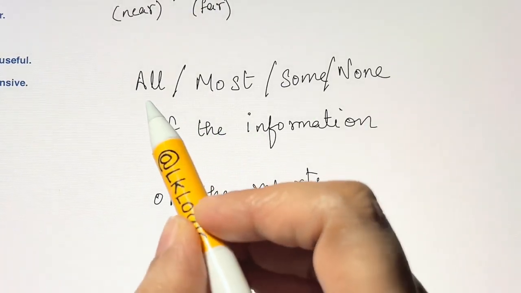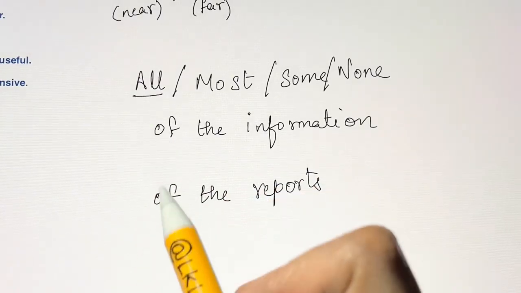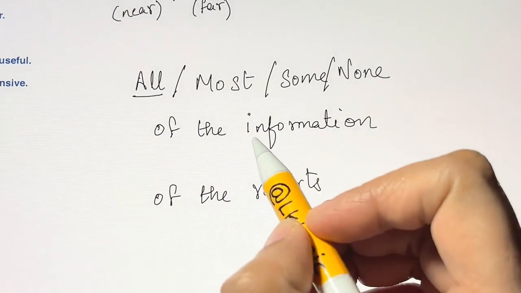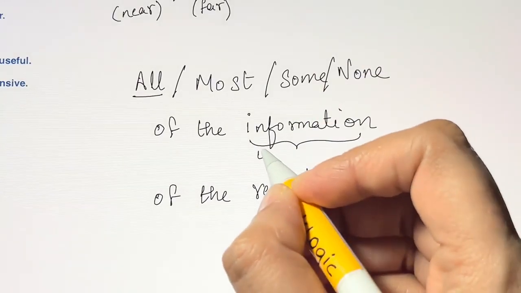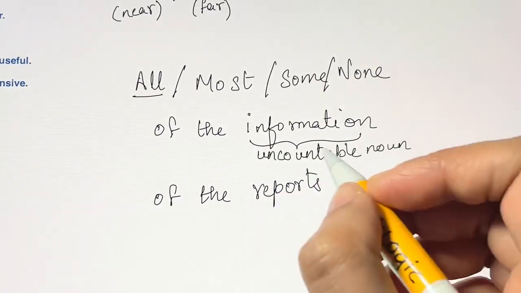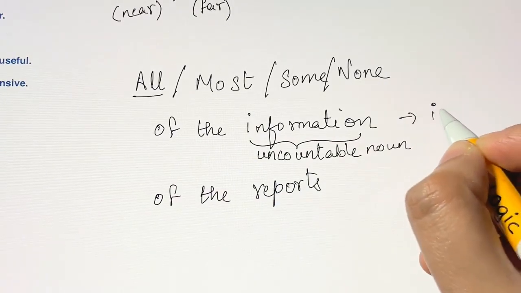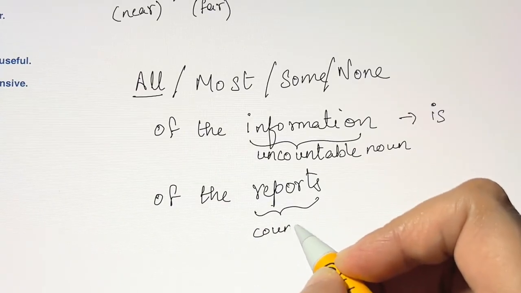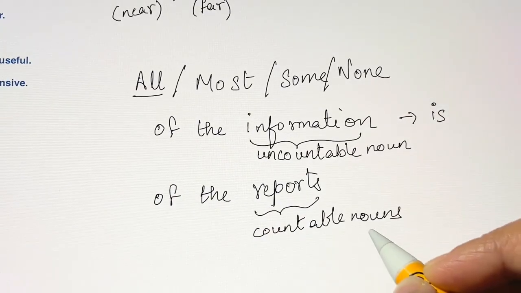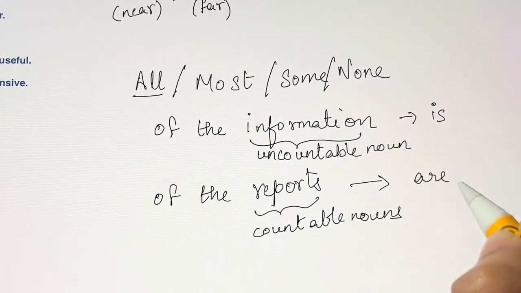Now here, whenever it comes like this, all of the information or all of the reports. Now here, information is uncountable noun. Uncountable nouns always take singular verb is. Reports is countable noun, something which you can count how many reports. So they take plural verb are.